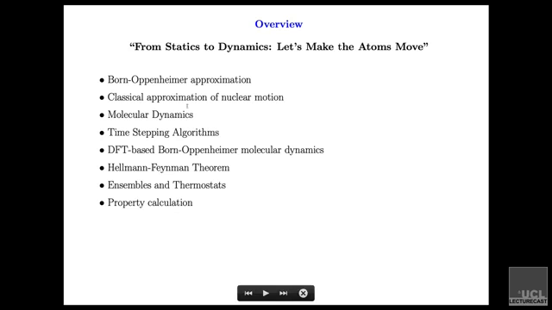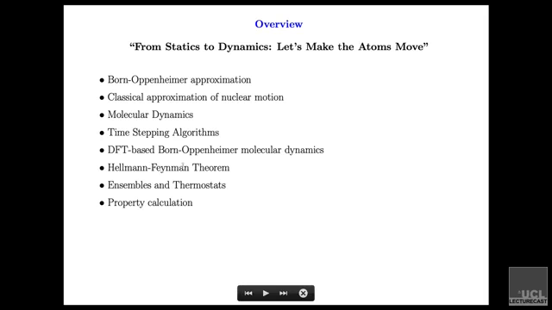So these two things give us classical molecular dynamics, and then I will discuss some time-stepping algorithms, integration of the classical equations of motion, and then I will talk about how we can combine molecular dynamics with density functional theory calculations to do ab initio molecular dynamics, or DFT-based molecular dynamics.